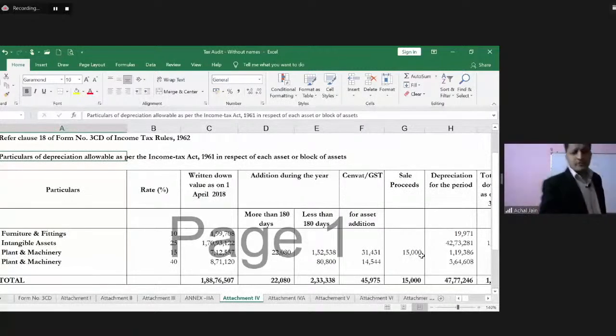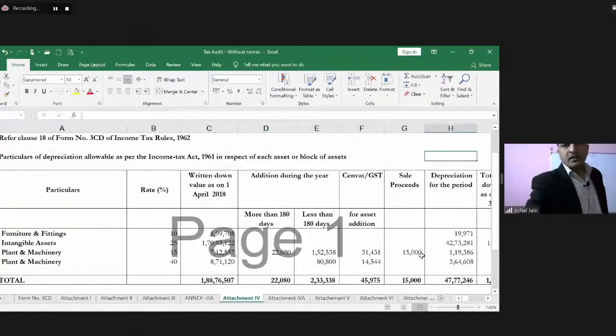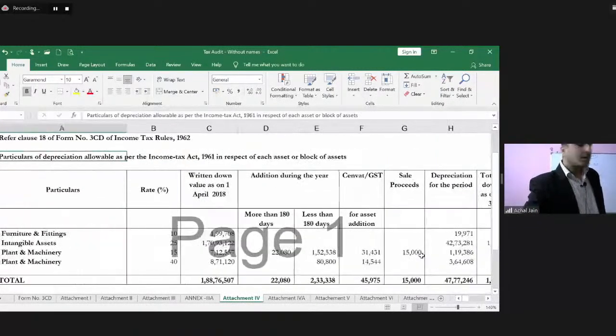On the basis of this, he will get the WDV as at the end of the current year or the previous year. Now, in respect of this, most of the auditor's procedures that we have discussed were about tracing these balances to Form 3CD or the financial statements.